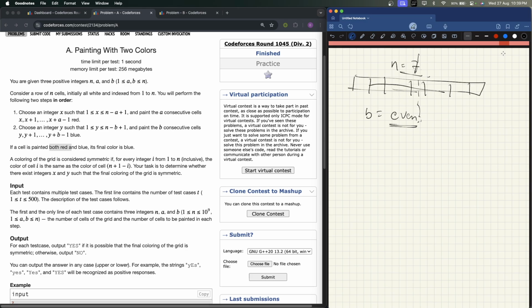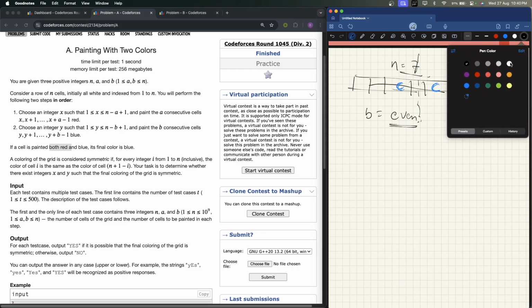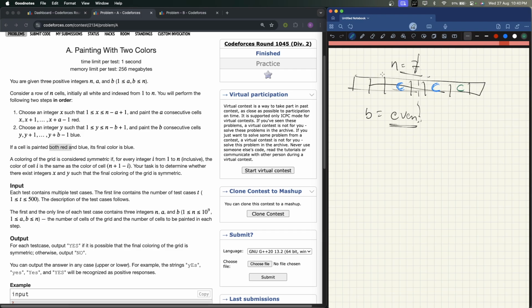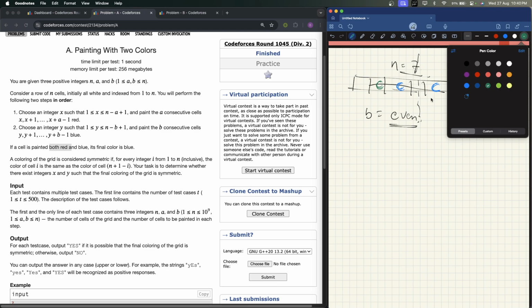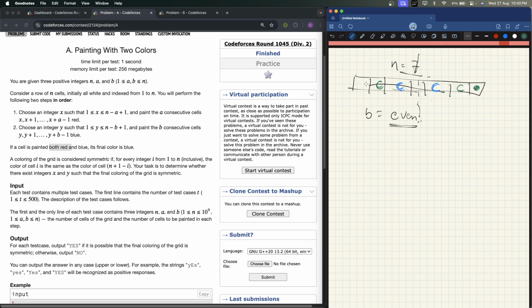The color of this cell should be the same as the color of this cell, and the color of this cell should be the same as the color of this cell, from this midpoint, and the midpoint can be any color. So if my b is even, it means the final coloring of the cell is blue.